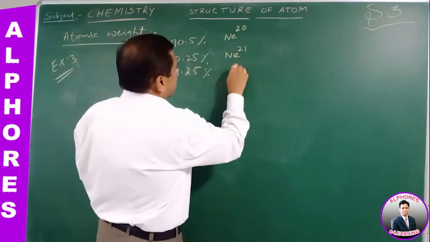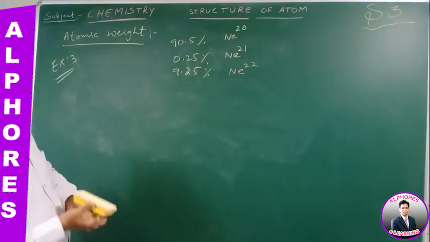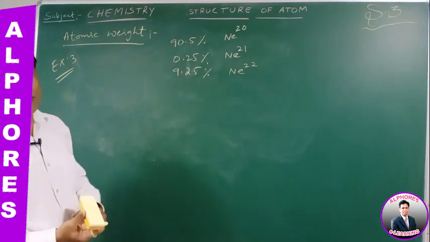So these are the naturally occurring neon isotopes and their relative abundance.